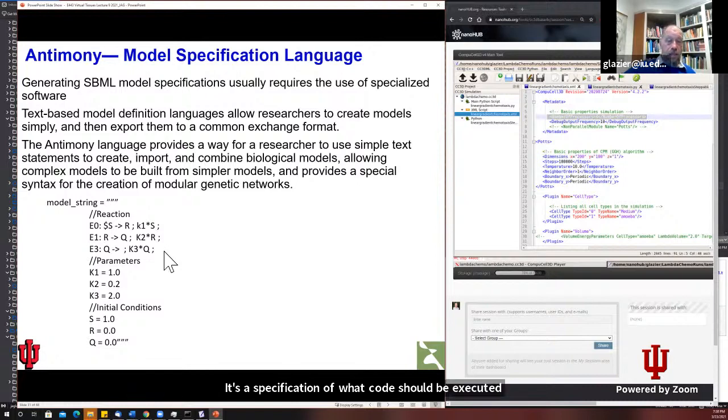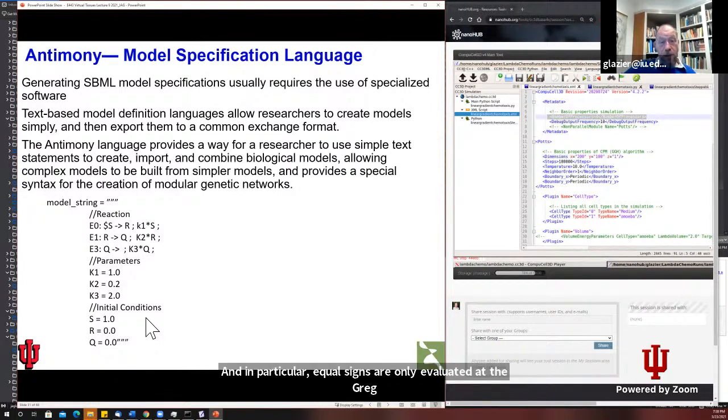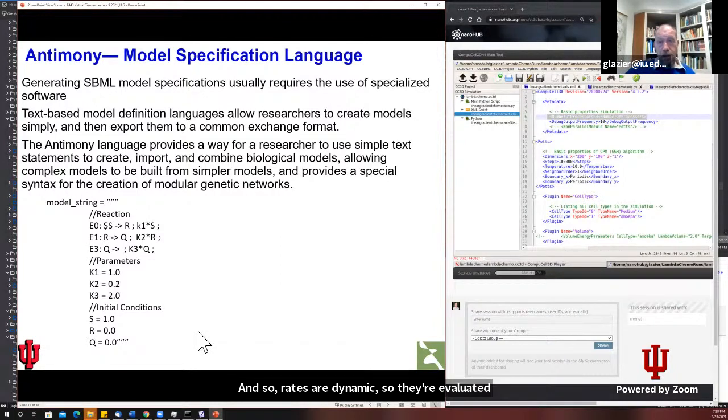And that means that the model that is written here is read once and turned into an internal computer representation. In particular, equal signs are only evaluated at the very beginning when the model is parsed. Rates are dynamic, so they're evaluated all the time, updated all the time.